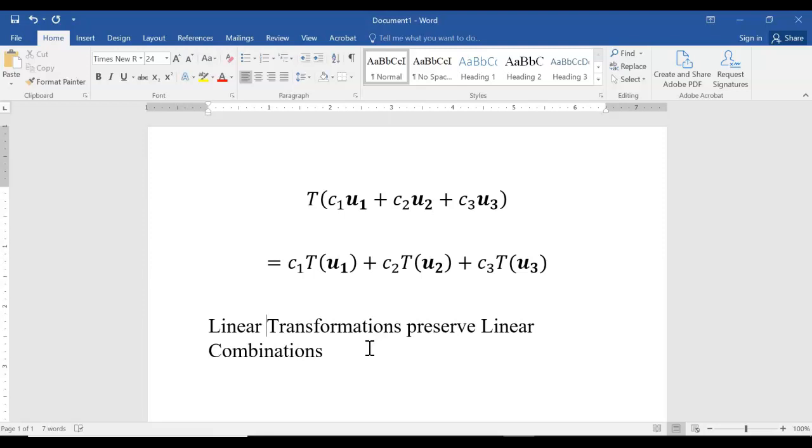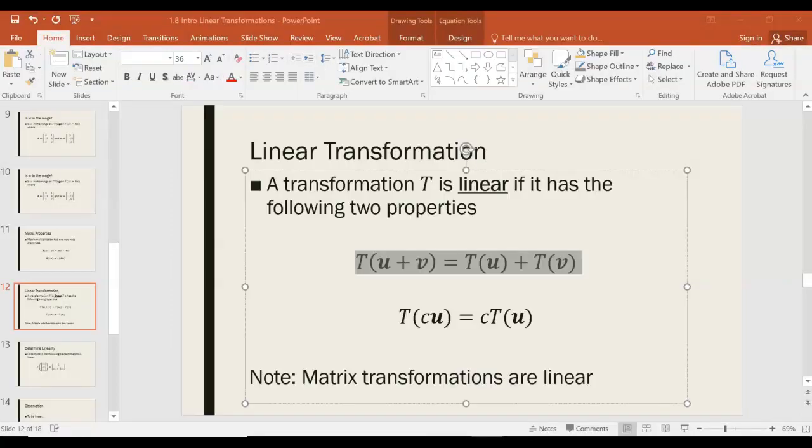So if I have a line on a graph and then I transform it, it's still going to look like a line, but probably pointed in a different direction. So we preserve lines, and we preserve linear combinations.